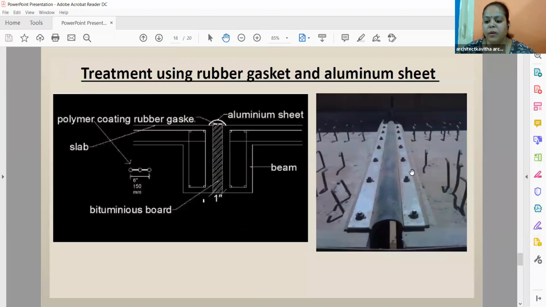But here there is no obstruction, just that at the lower level you will have this aluminium sheet. This is actually aluminium and MS sheet combined. They'll bolt it. So this is the expansion. Even in the walls, a gap is there here. And even in the roof, there is almost around a 4 to 5 inch gap here. So there you can provide this kind of treatment.